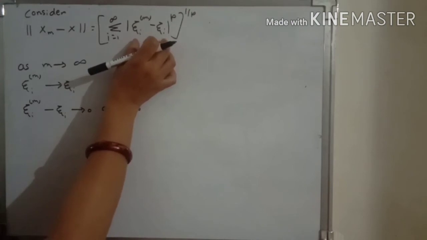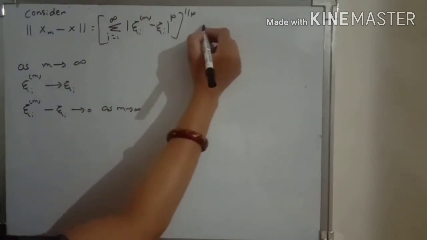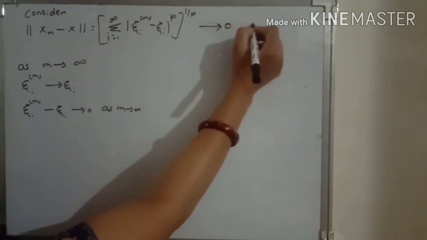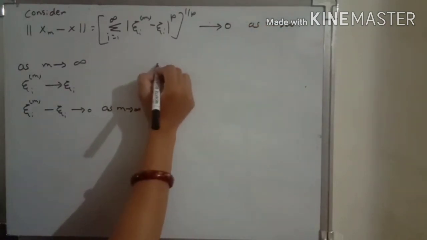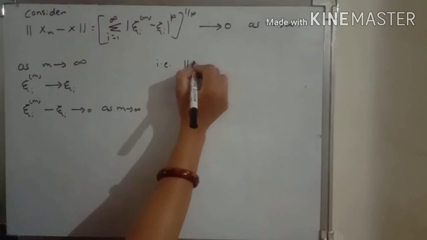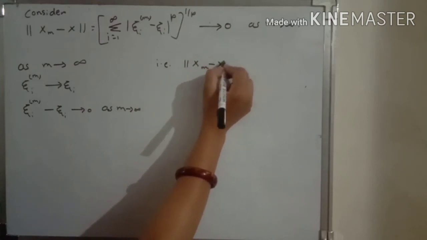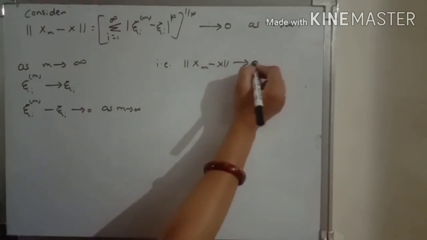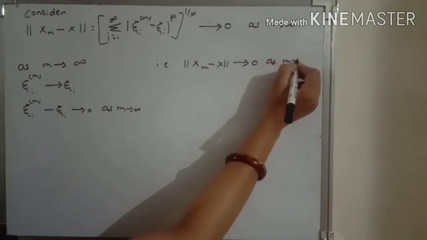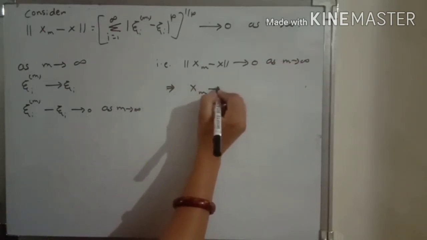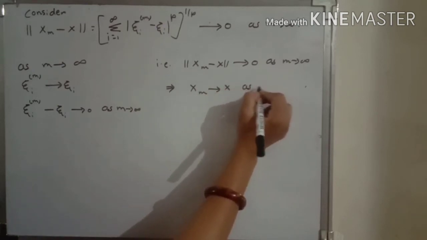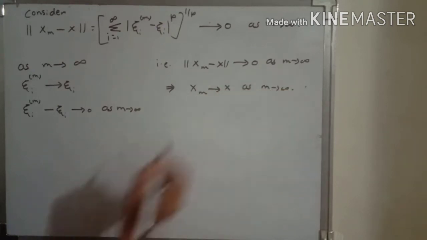That means each term goes to 0, and therefore this sum also goes to 0 as m goes to infinity. That is, we get that norm of xm minus x converges to 0 as m goes to infinity. It implies that xm converges to x as m goes to infinity.